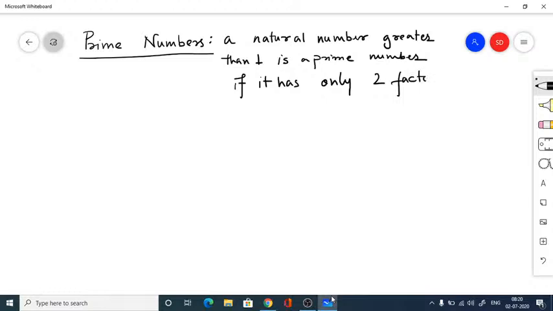Remember, we learned that a number will have at least two factors. It can have more than that, but at least two. What are they? 1 and the number itself.